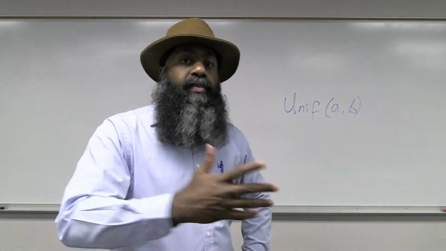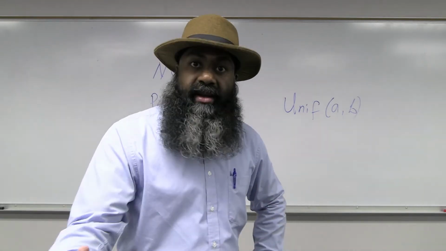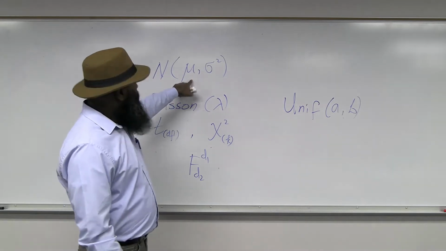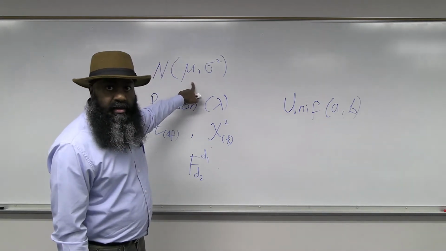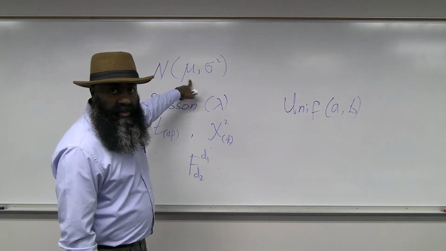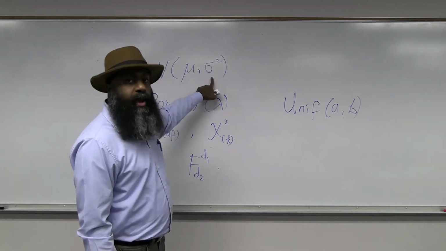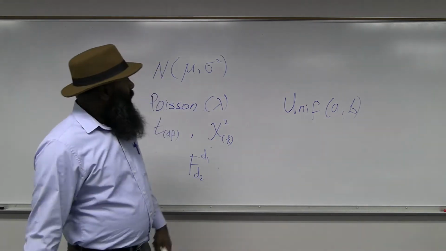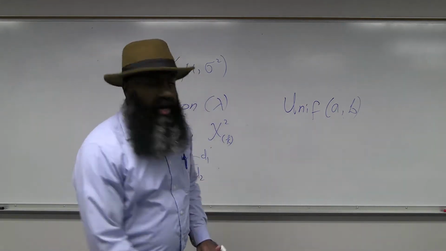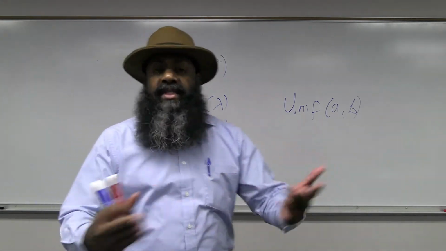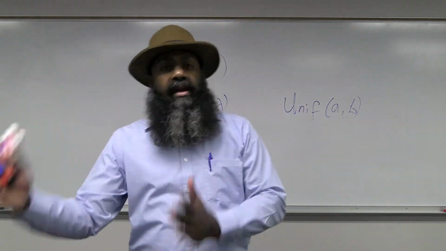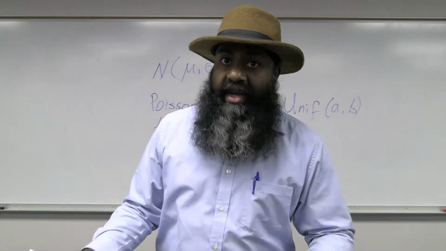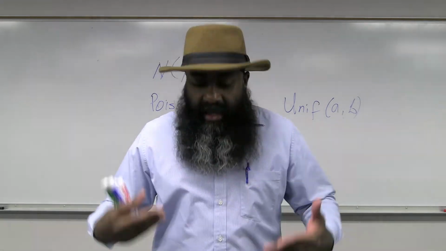And it's not going to be practical to find every single person's weight, because mu of the normal distribution is a parameter that stands for the mean, and sigma squared stands for the variance. Sigma stands for the standard deviation. And there's no way that I can actually calculate these values unless I have every single data point that corresponds to the random variable. And collecting every single data point for a random variable is actually not practical. Then what?